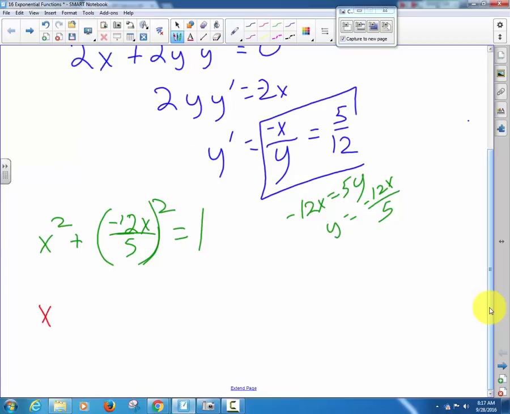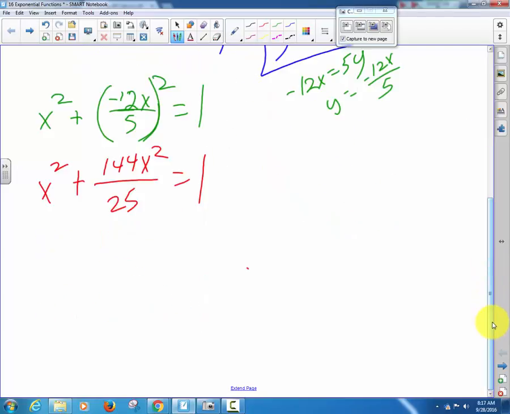So I would go with this, x squared plus 144x squared over 25 equals 1. Personally, I don't like fractions, so I'm going to multiply everything by 25. I'm going to get 25x squared plus 144x squared equals 25.